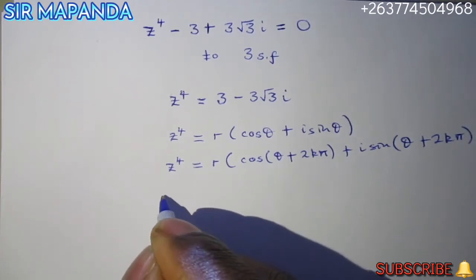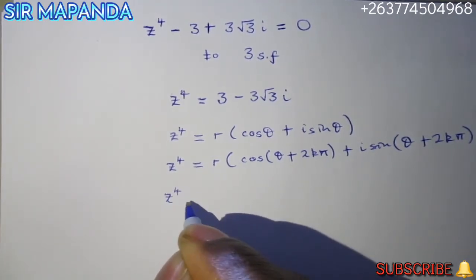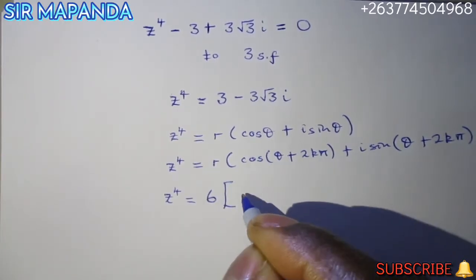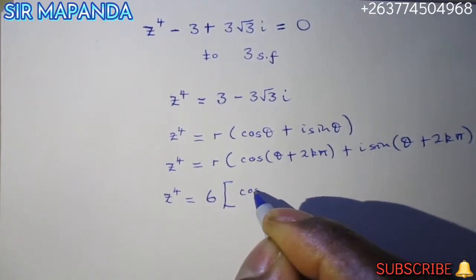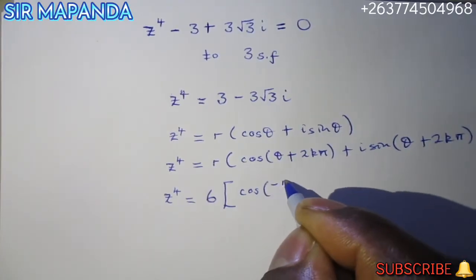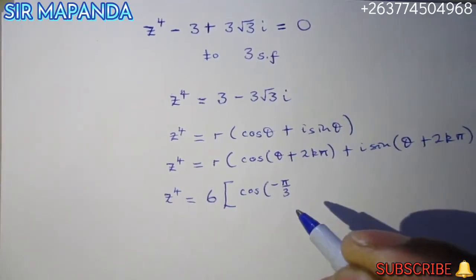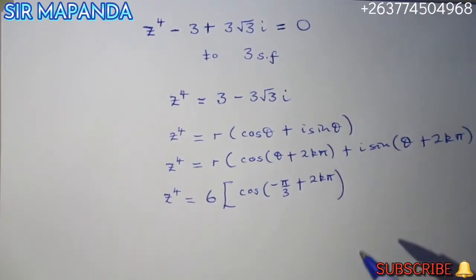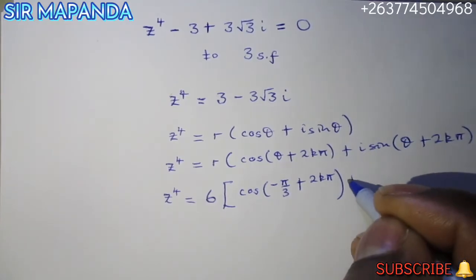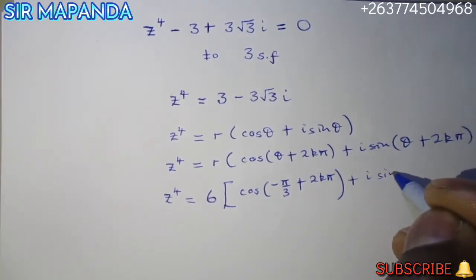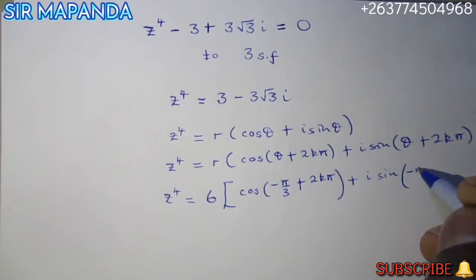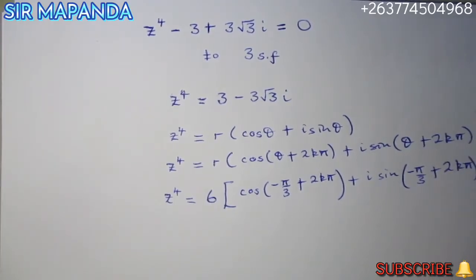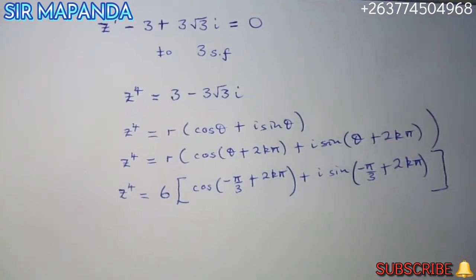So z to the power of 4 is equal to r, which is 6, right? Let me put a big bracket, right? Cos, open bracket, our theta is the argument, minus pi over 3 plus 2k pi, something like this, plus i sine, open bracket, minus pi over 3 plus 2k pi, then I close the big bracket.